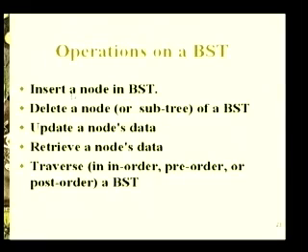There may be a possibility of that kind. Retrieve a node's data, if you want to retrieve some data from a node. And finally, you would like to traverse, which may be in-order, pre-order or post-order, in a binary search tree. So these are the common operations which you would like to have on a BST.